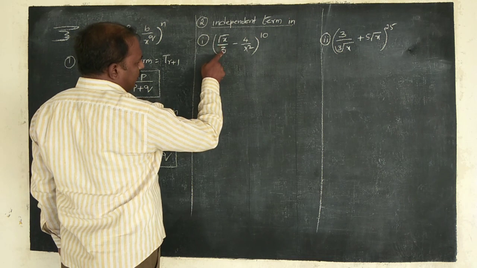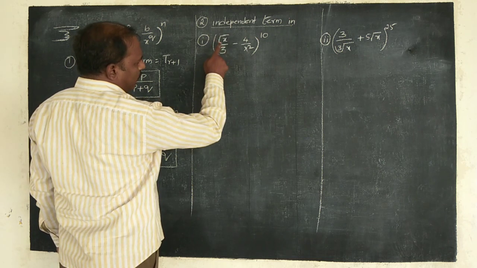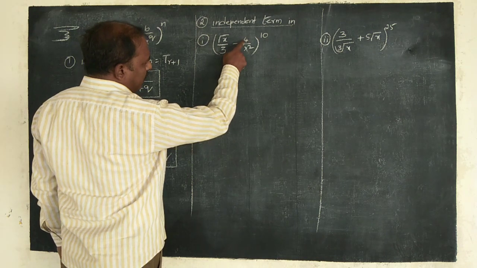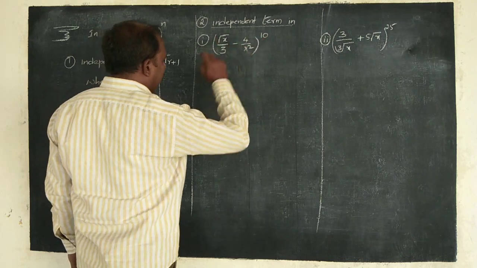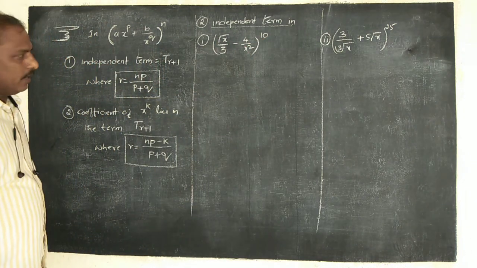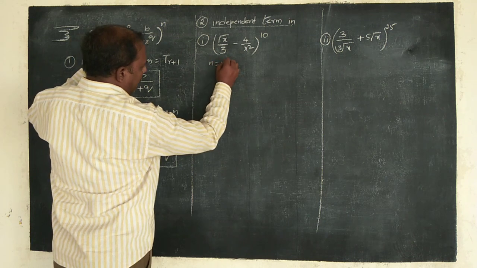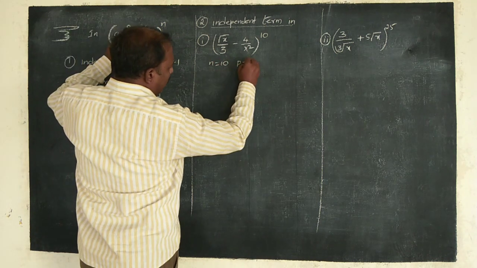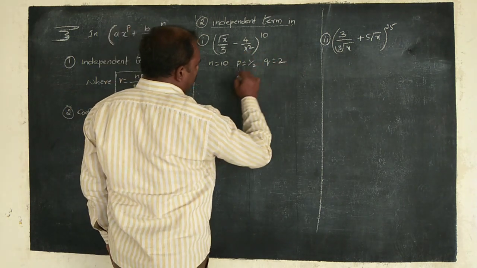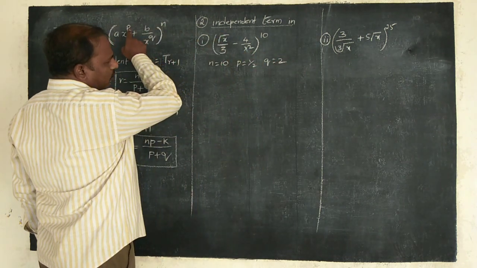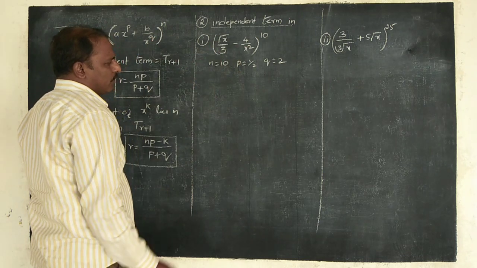It is in the form of a is 1 by 3, x to the power of p, x to the power of 1 by 2, plus minus 4 is b, by x to the power of q is 2, whole to the power of n is 10. n is equal to 10. So when you compare this, n is equal to 10, p is equal to 1 by 2, q is equal to 2.